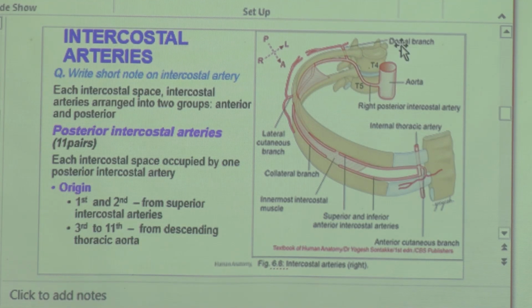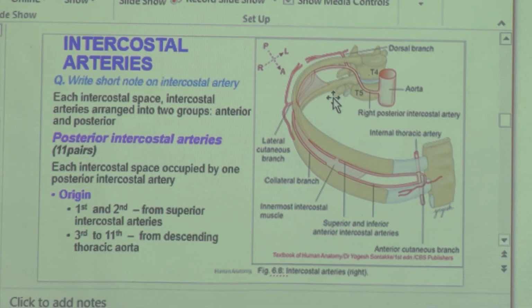This is the thoracic aorta, descending thoracic aorta, from where other sets of arteries are coming. So this is called the anterior intercostal artery, and the one coming from the aorta is called the posterior intercostal arteries. And the posterior and anterior arteries, from the posterior aspect and from the anterior aspect, they anastomose.